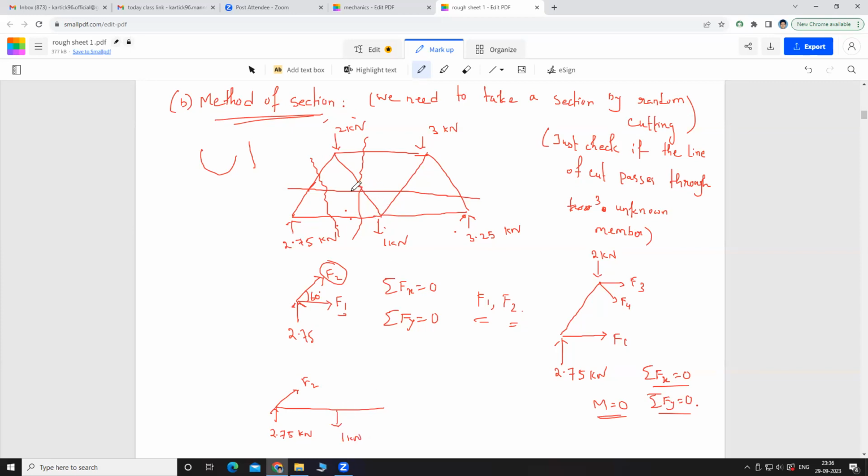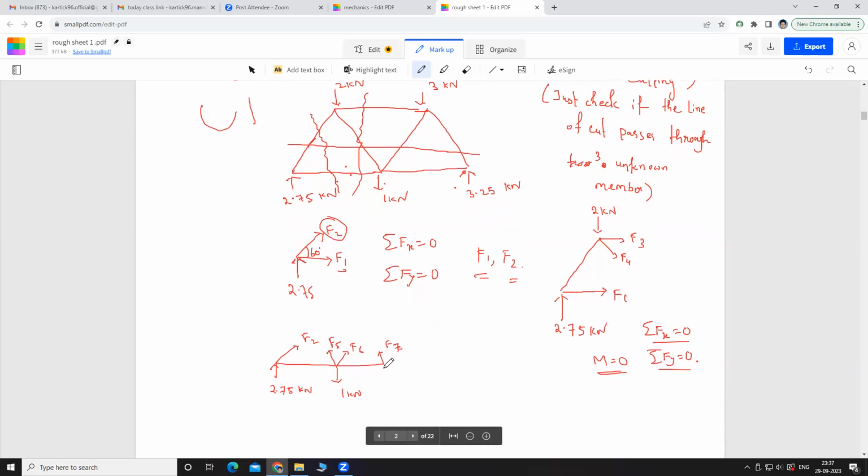Now we have cut from here. So these two, suppose that is our F5 and F6. And this one, that is our F7, suppose. Now here, this one is known.